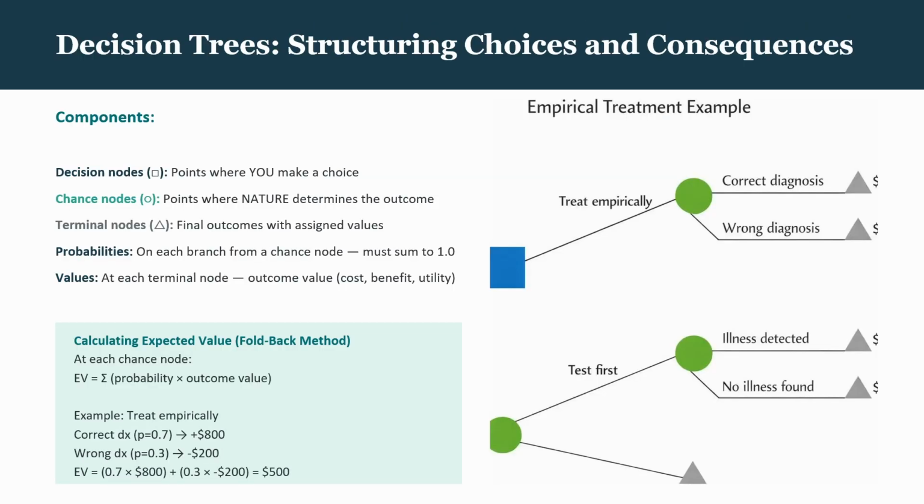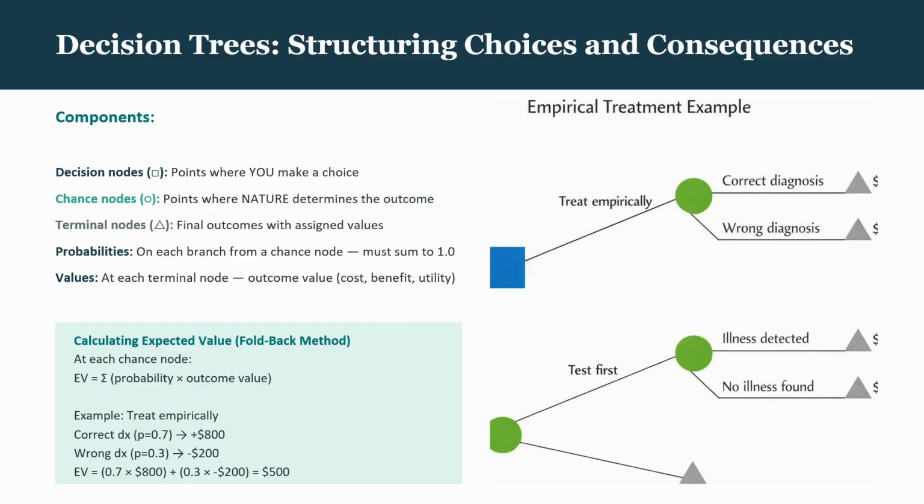A decision tree is a graphical model that maps out the choices available, the possible consequences of each choice, the probabilities of each consequence, and the values of each outcome. It's a disciplined way of thinking through what would happen if you chose each option before you make the choice. The three types of nodes are the vocabulary of decision trees.